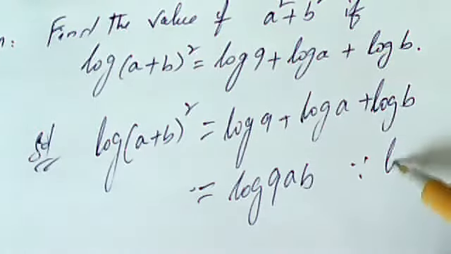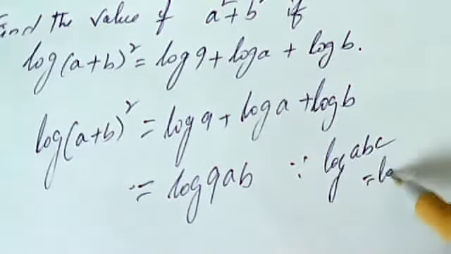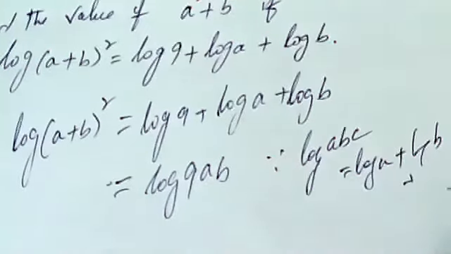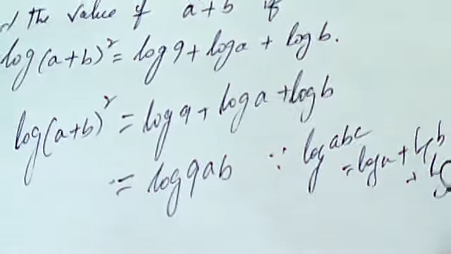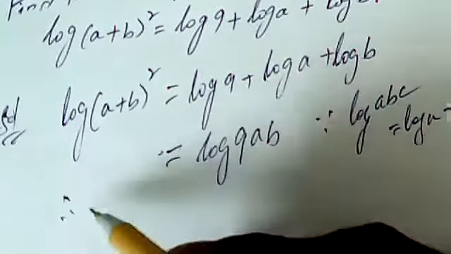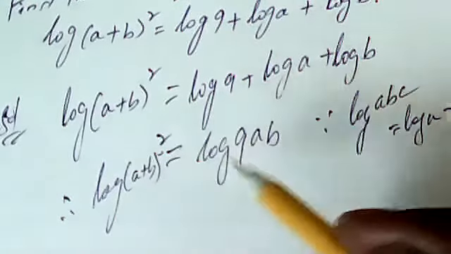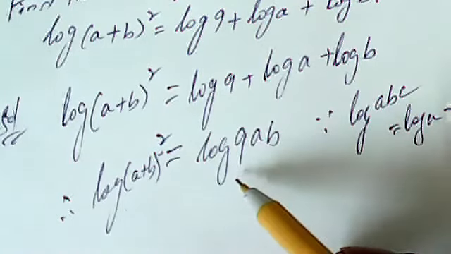Since log abc, using the product rule, equals log a plus log b plus log c. Therefore, what we got is log of (a plus b) whole square is equal to this. The base is 10; nothing is given, so it is taken as 10.